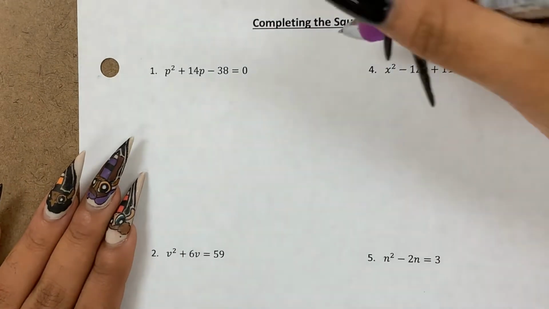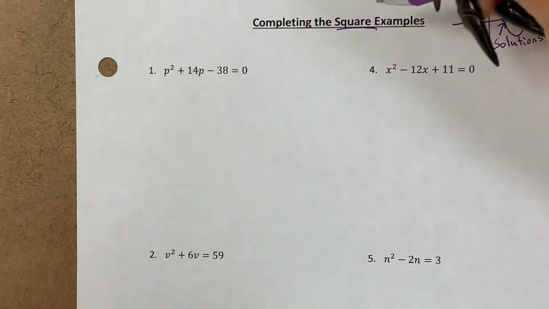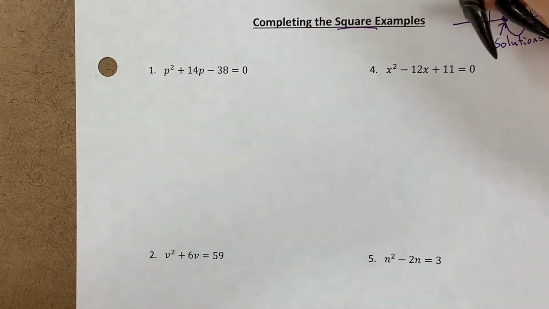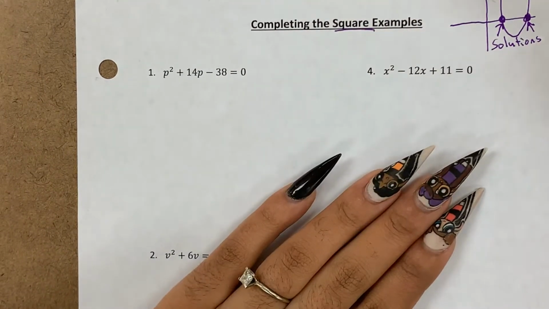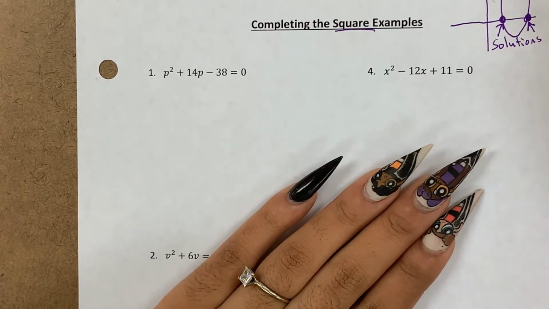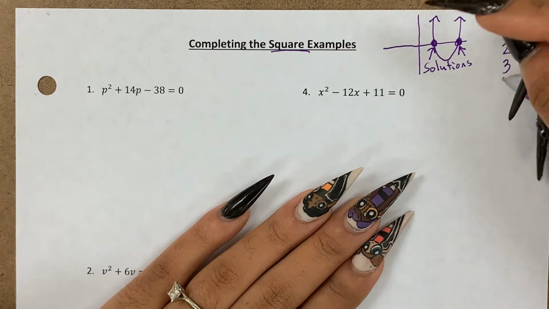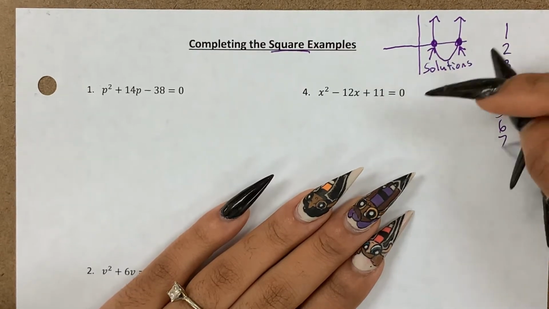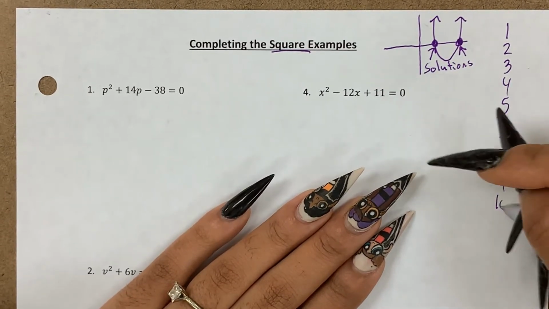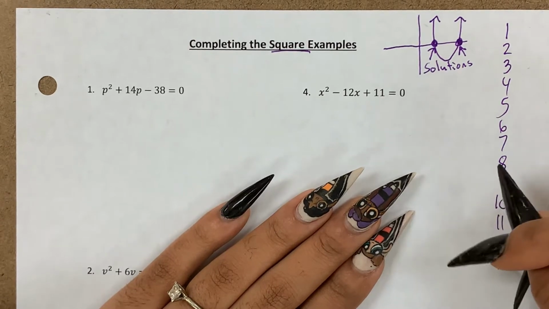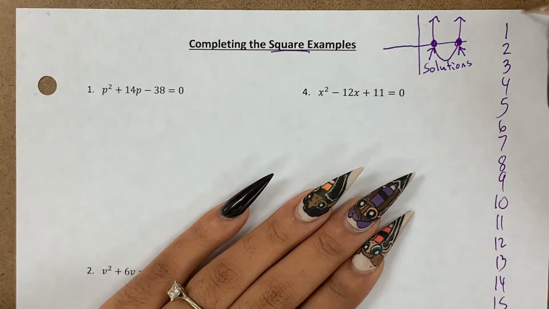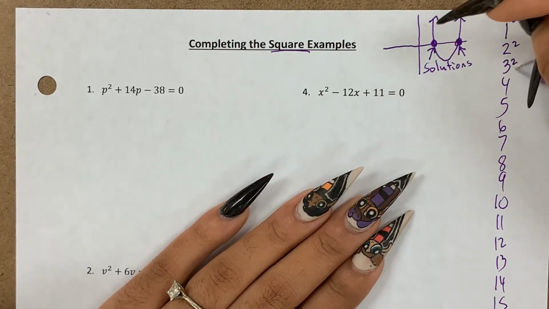because this is completing the square. Square as in a number times itself. So we're going to make a list of 1 through 15. Okay, then we're going to square these.